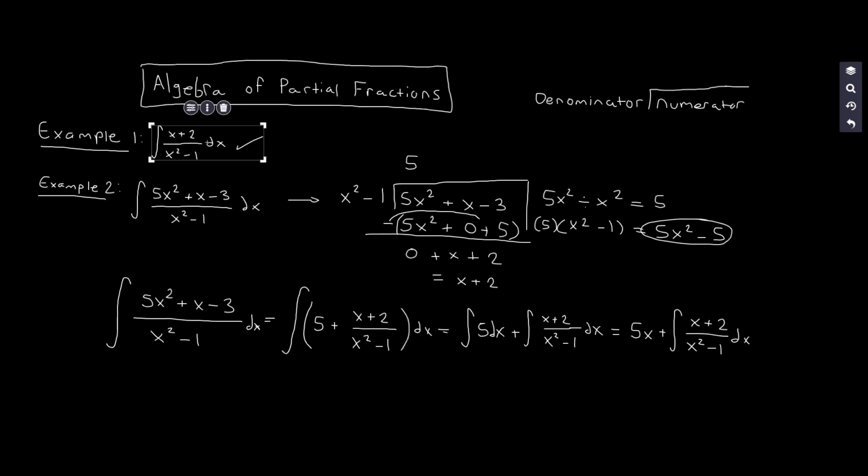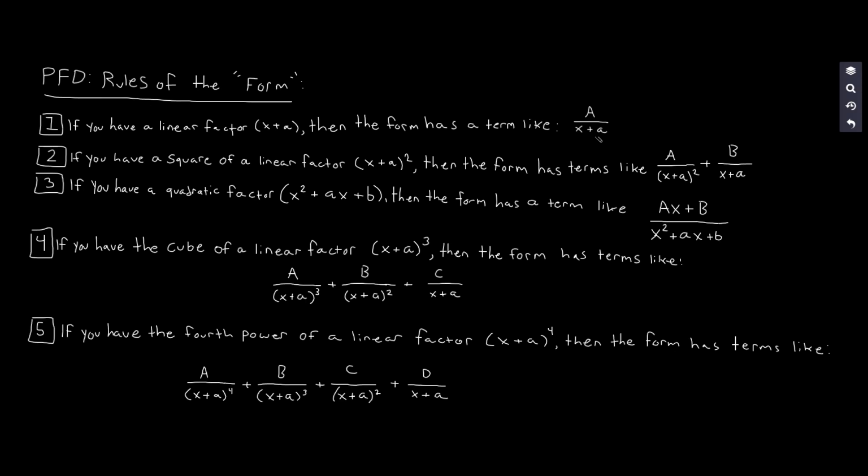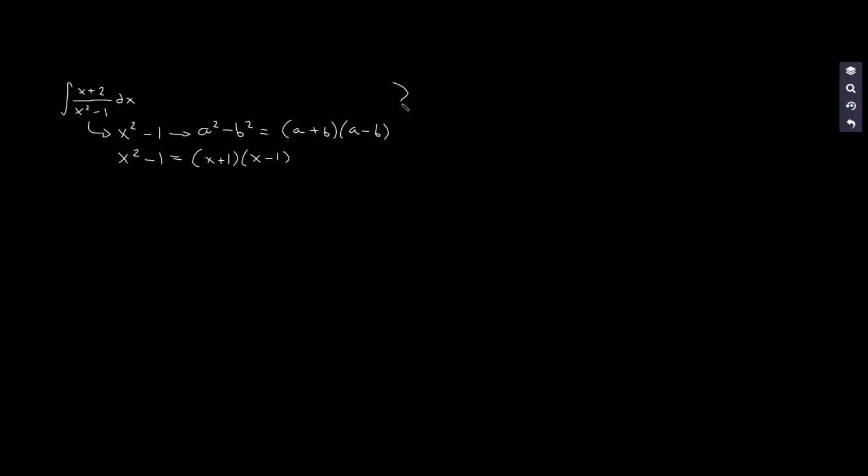And then let's just see really quickly here. So we have two linear factors, and we have to keep advancing along the alphabet. So since the denominator has two linear factors, then the form is going to look like this. So that here, this would be the proper form.